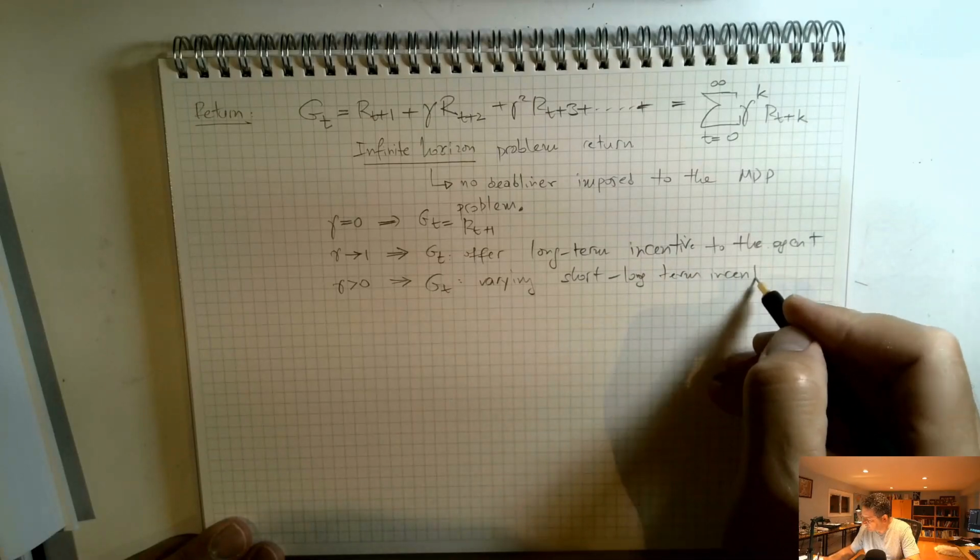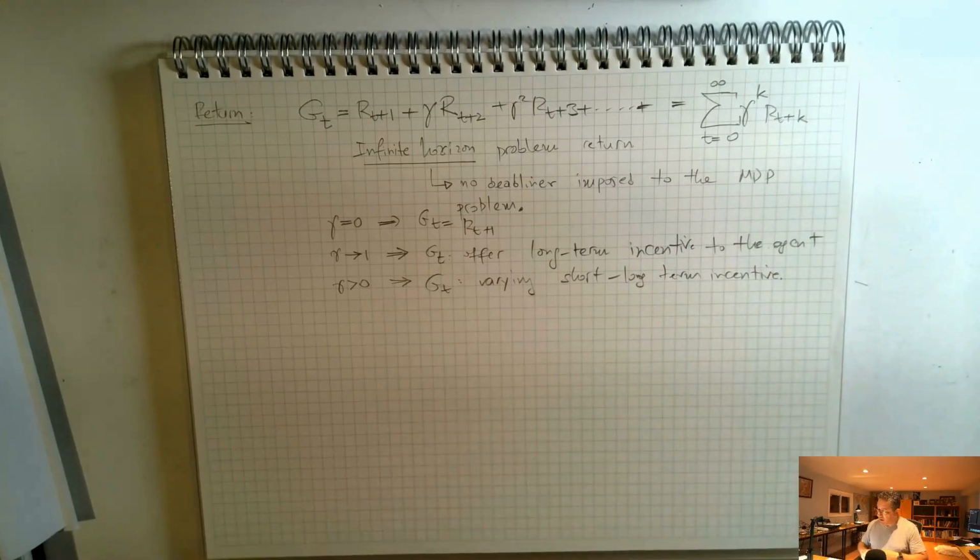So the choice of gamma is considered a hyperparameter in the MDP problem definition, one of the parameters of the problem. Therefore it plays an important role in the selected strategy at the end, as the example I gave you indicated.